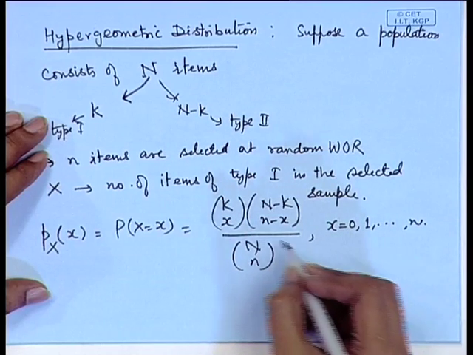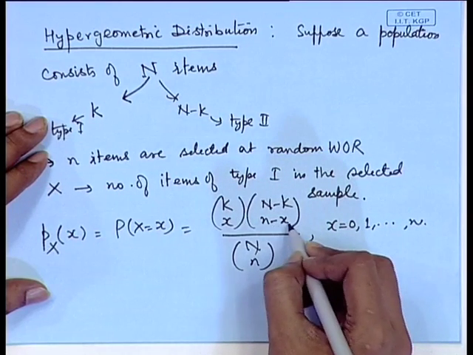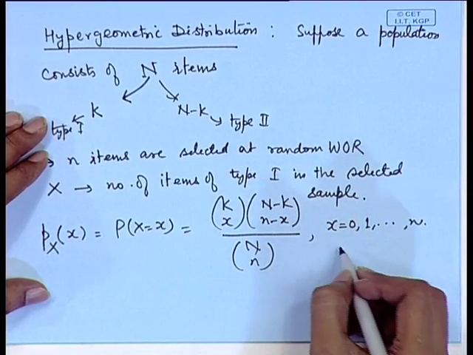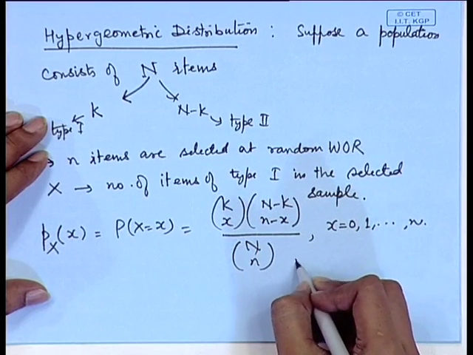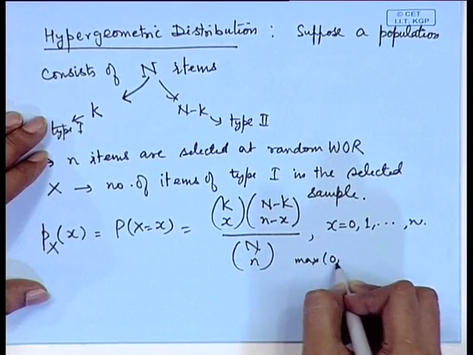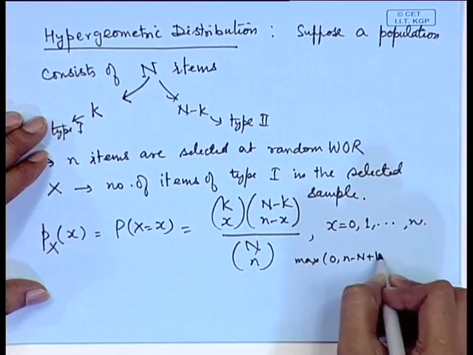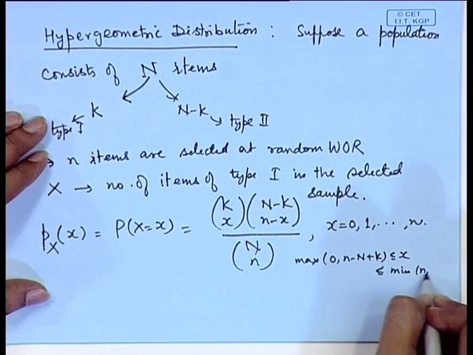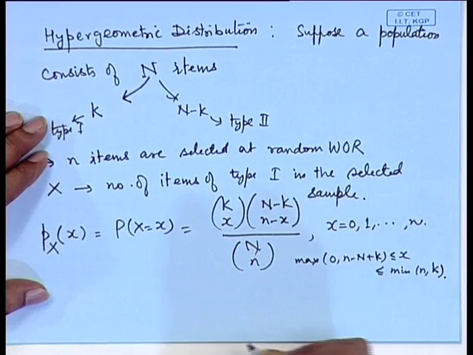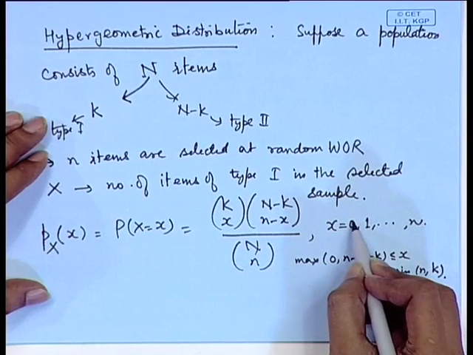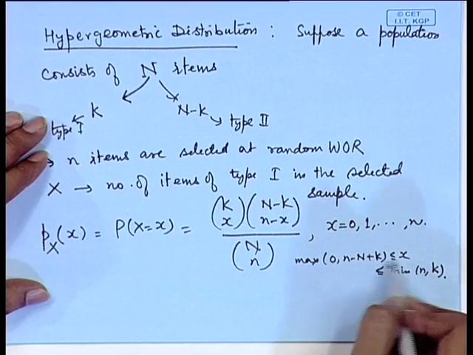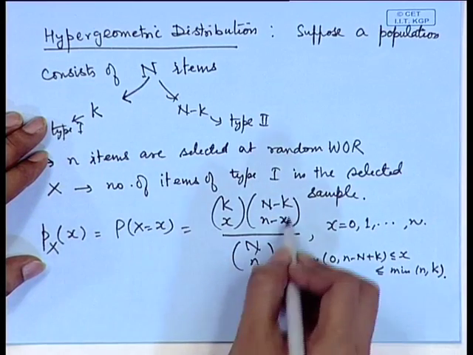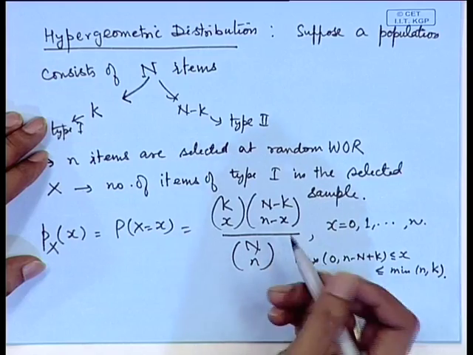That means x must lie between 0 and k, and n minus x must lie between 0 and n minus k, etcetera. Therefore, the actual restriction for x will be from maximum of 0 and n minus n plus k to minimum of n and k. So, x takes integral values where x lies between these two. This is called the hypergeometric distribution.